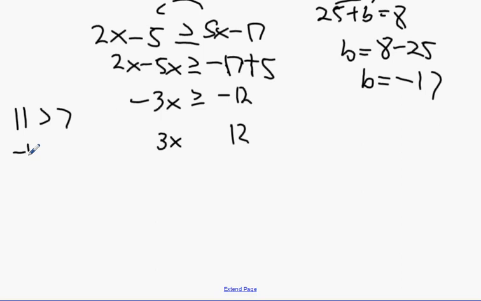Should I keep it the same way? So therefore, if you do that for all numbers, you must do it here as well. x is a smaller number than 4. Is that okay? It's revising from chapter 1, the algebra chapter you knew so well not too long ago. Okay?